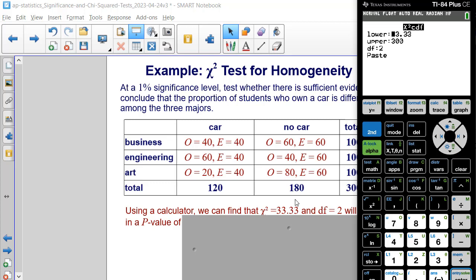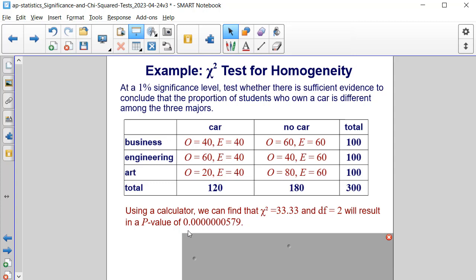Our lower bound is that chi-square value that we have. Our upper is the total number of samples that we have. So that's 300, and then our degrees of freedom is 2. And if we paste it and calculate, we get about 5.79 times 10 to the negative 8th power. So that's a really tiny number.